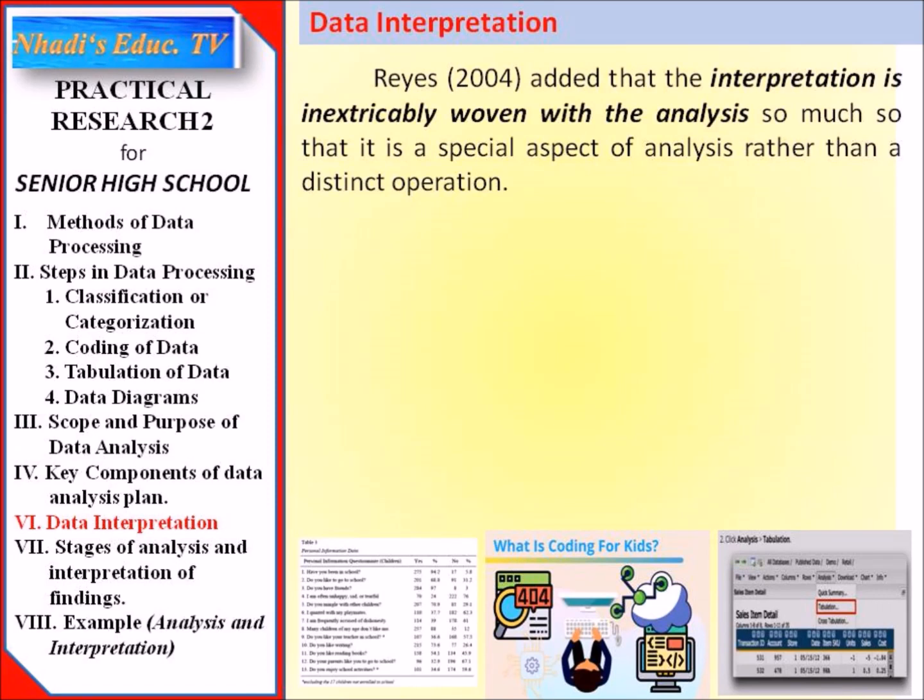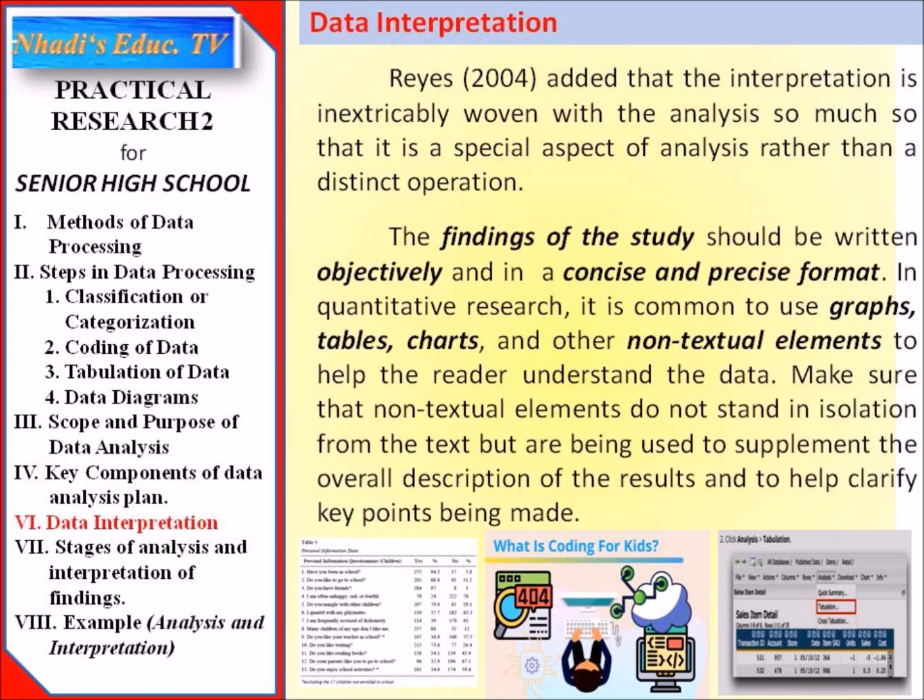Reyes also added that the interpretation is inextricably woven with the analysis, so much so that it is a special aspect of analysis rather than a distinct operation. So the findings of the study should be written objectively and in a concise and precise format.